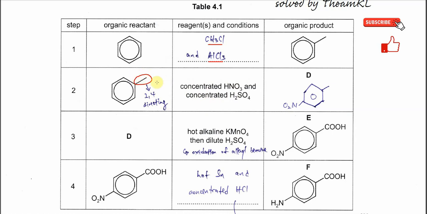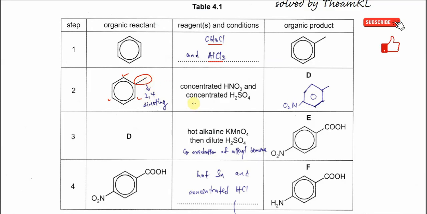You should know that an alkyl group is 2,4 directing. This means whenever there is electrophilic substitution, it will be at the 2, 4, or 6 position. That's the effect of these substituents.